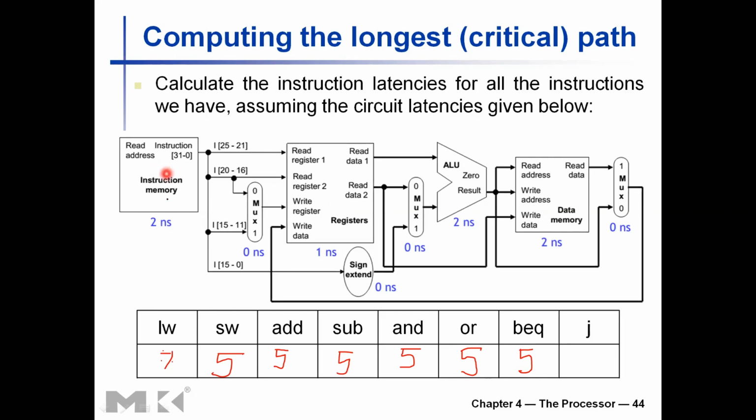So 2 nanoseconds to read, then what we have is take the PC plus 4 value, take the 26-bit immediate operand, and concatenate that address. So how long will it take? 2 nanoseconds for sure for reading the instruction memory.